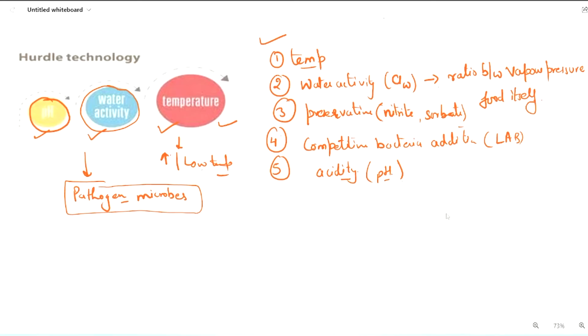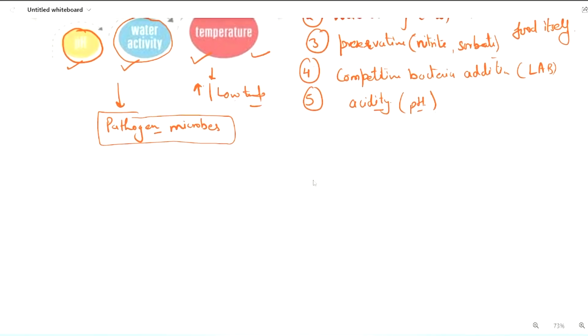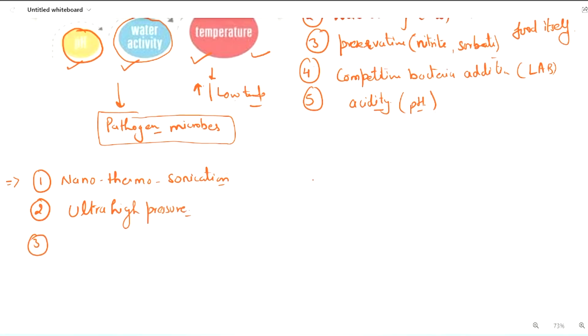Now, let's talk about some novel hurdles. Number one, nano thermosonication, which is also used as a hurdle in the food industry. Second is ultra high pressure, right? Third is photodynamic inactivation.